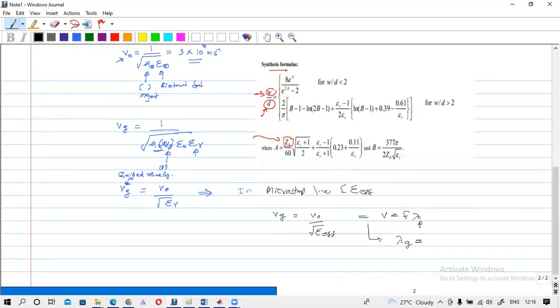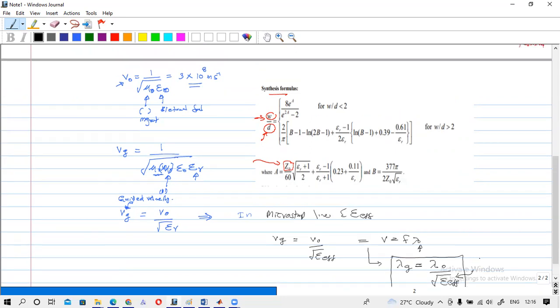The guided wavelength is equal to lambda naught, the wavelength in free space, divided by square root of epsilon effective. So we have to use this one also, and to find the guided wavelength you need epsilon effective.